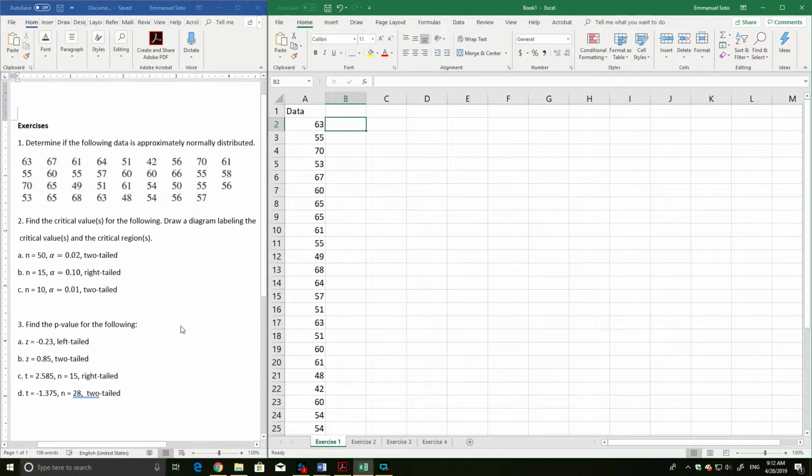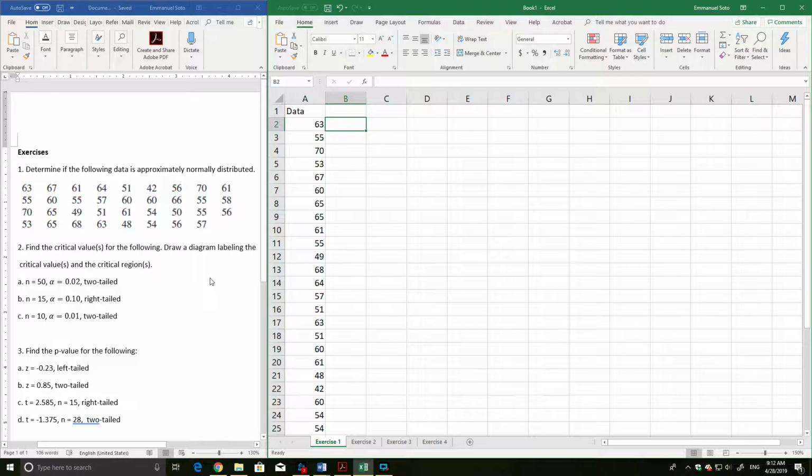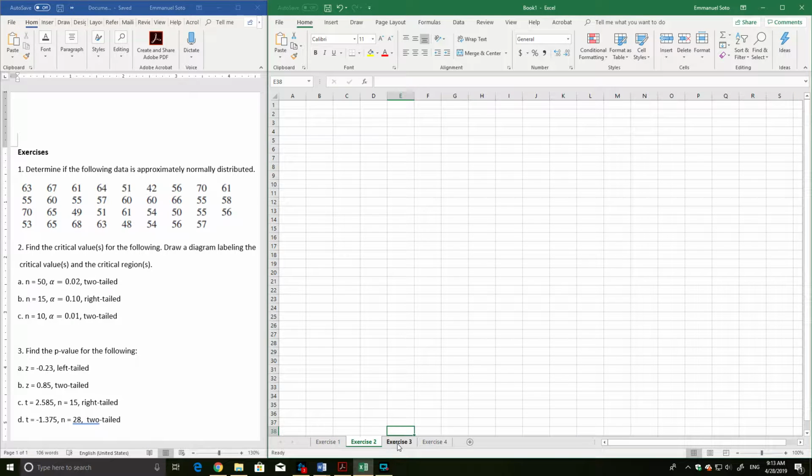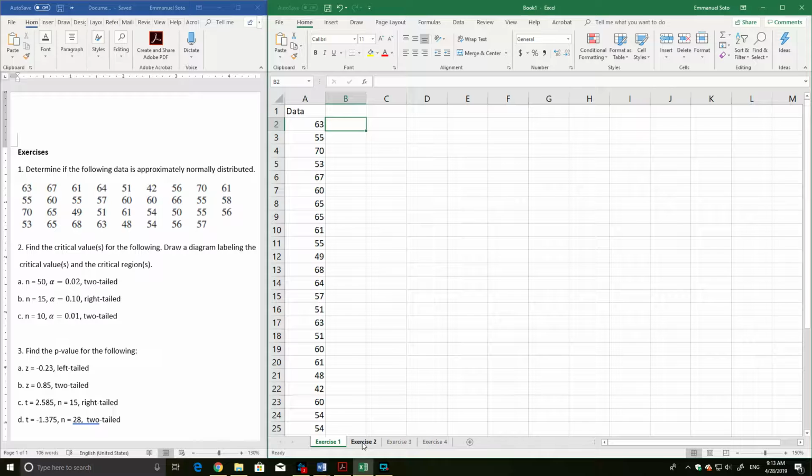There's 4 exercises. The first exercise is asking you to determine if the following data is normally distributed. And on the bottom right corner of this Excel, I have the various exercises labeled for different worksheets.